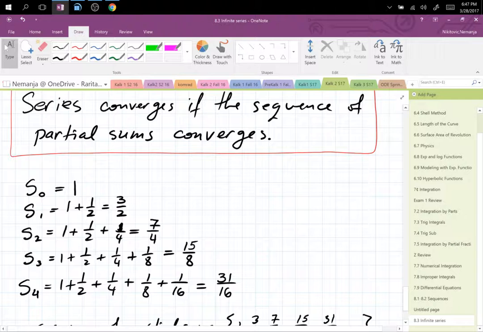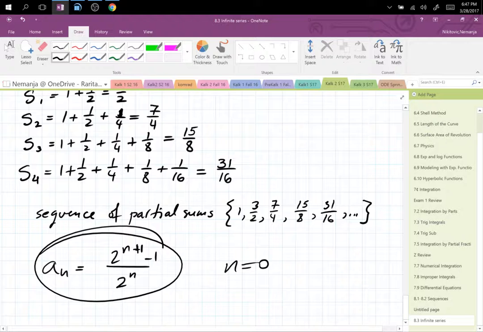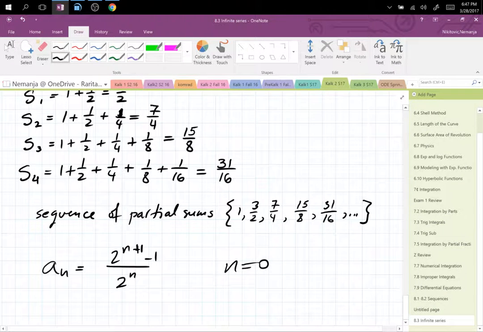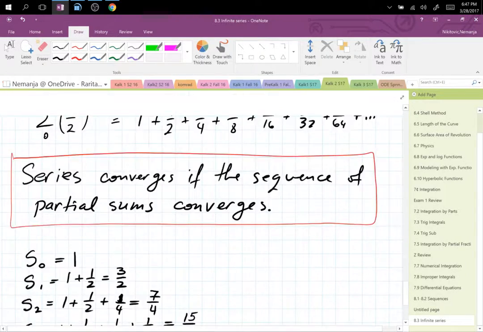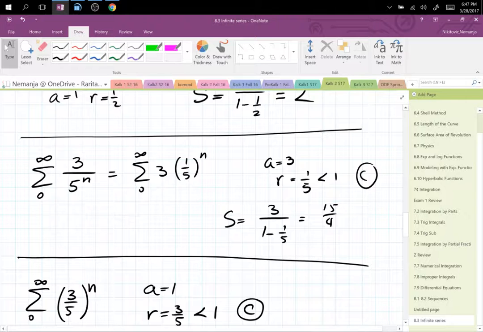You get any kind of series from chapter 8, you write out a sequence of partial sums, you compute this, put it together, and then take its limit to see whether it converges or diverges. Or memorize this rule and be done.